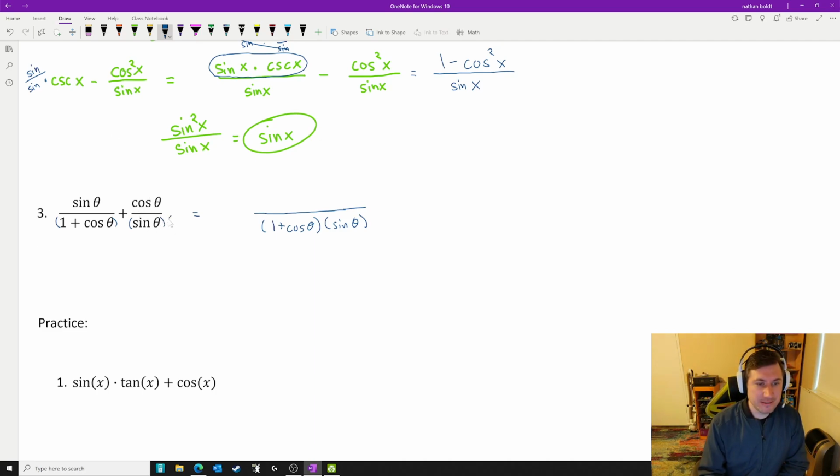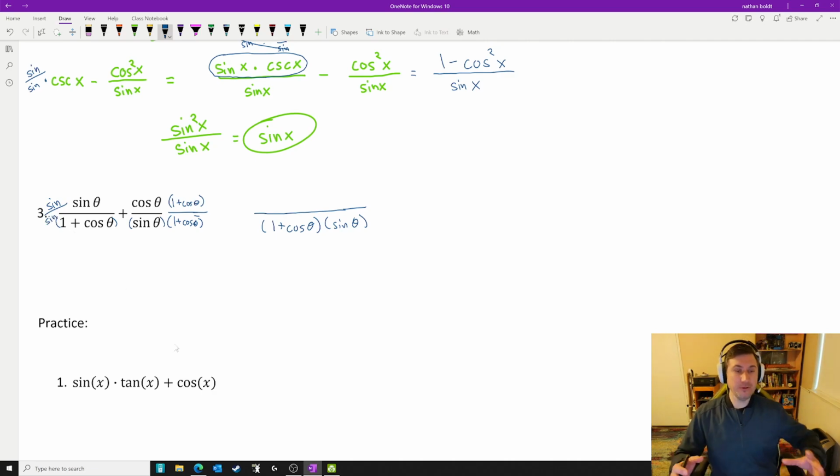This one needs a 1 plus cosine theta, so I have to multiply by that on the top and the bottom. What does the left side need? That side needs a sine still, so I have to multiply that one by sine over sine. That will give me my common denominator.